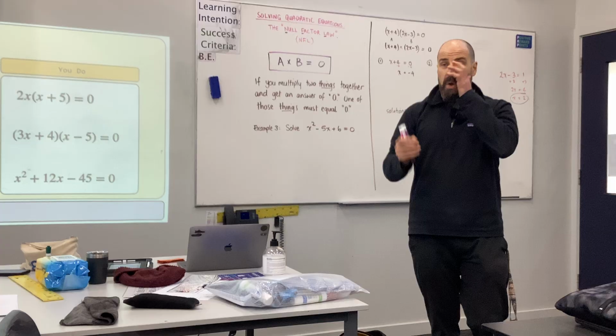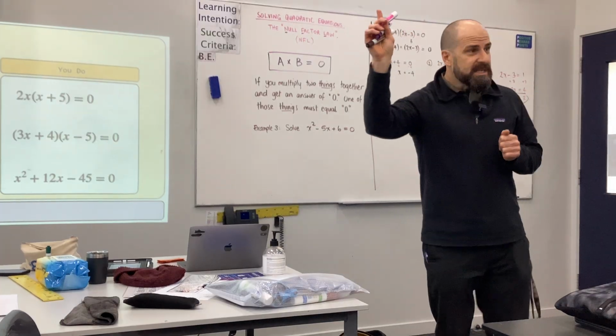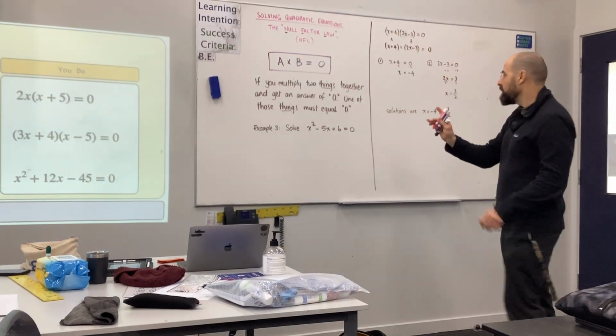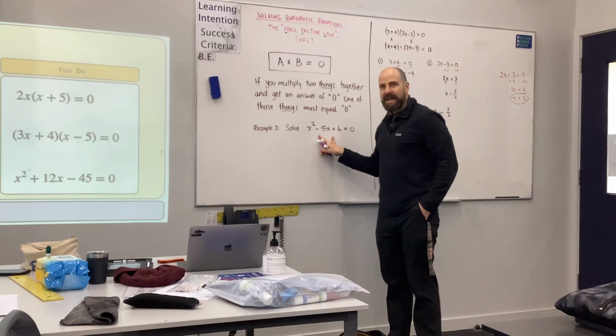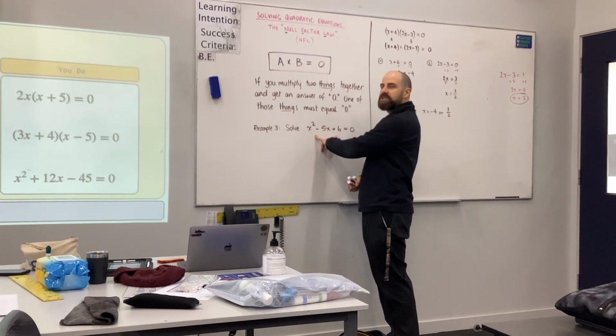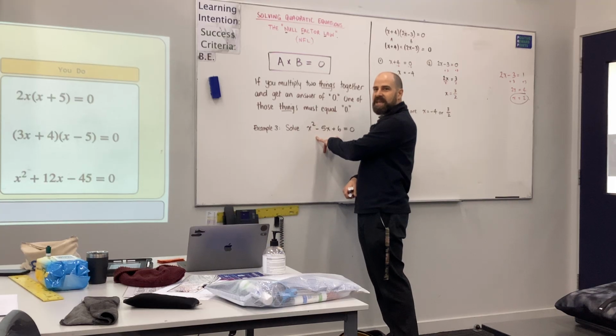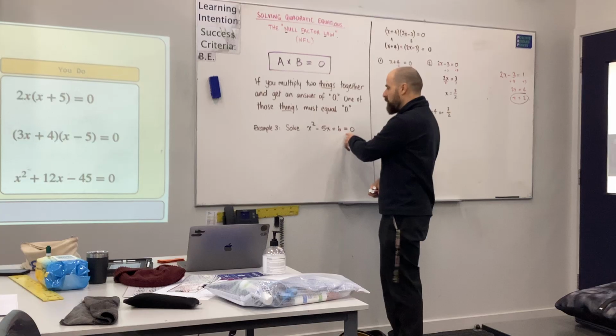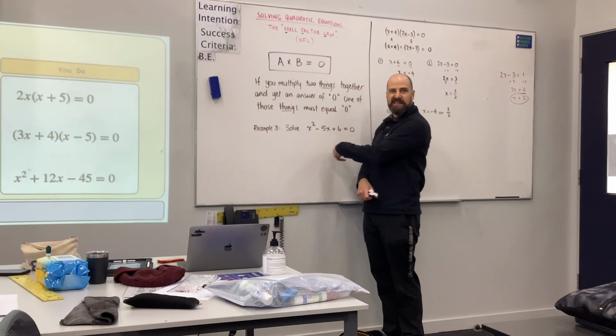Okay, now, we're going to use the null factor law. At the moment, what I want to ask myself is, can I use the null factor law? Do I have two things being multiplied together to get an answer of 0? What are my two things being multiplied together?